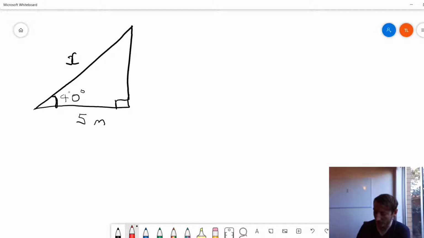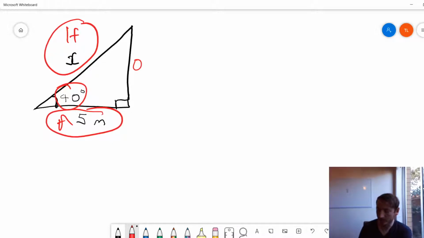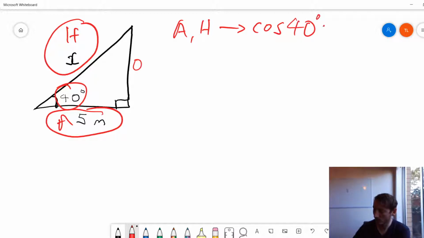So if this is the angle that we care about here, well then hypotenuse and adjacent to that angle. Lastly is opposite, but you can see we're trying to find H. We've got A, so A and H mean I'm using cosine. So cos of that angle 40 equals adjacent over hypotenuse, 5 over x.